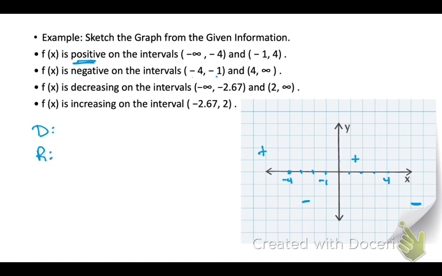Okay. It is decreasing from negative infinity to negative 2.67. So that means it's going down to like right here, right? Wouldn't that be like negative 2.67, like right here? So it's going down and then it has to go up, doesn't it?